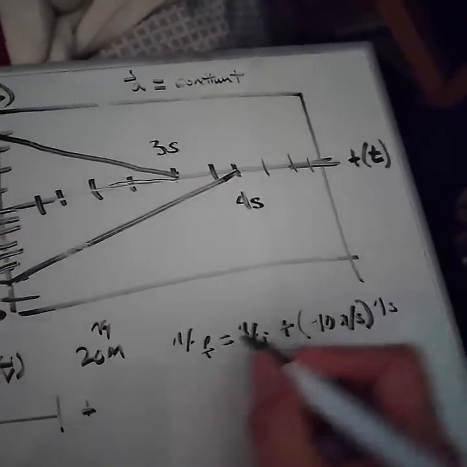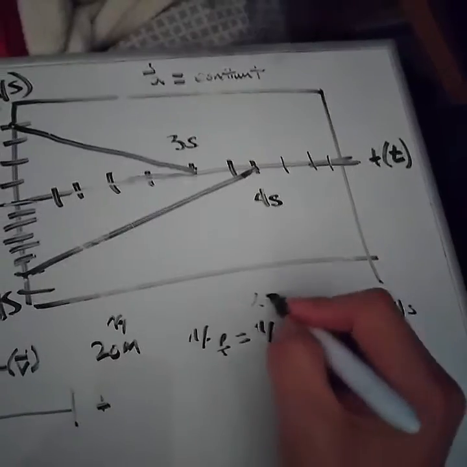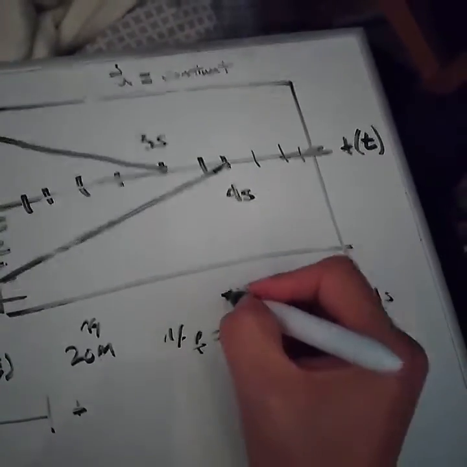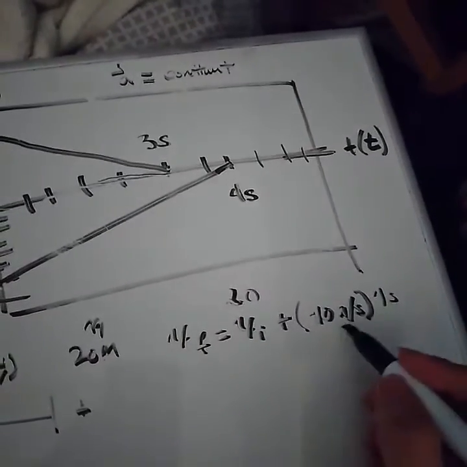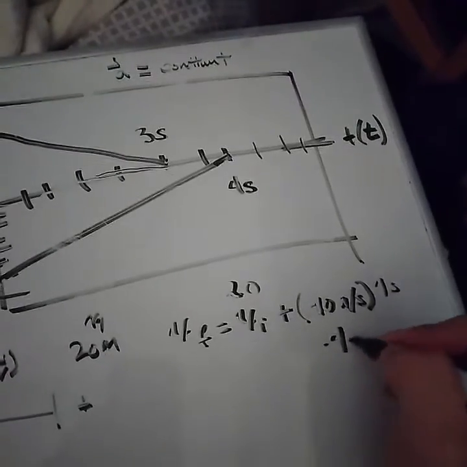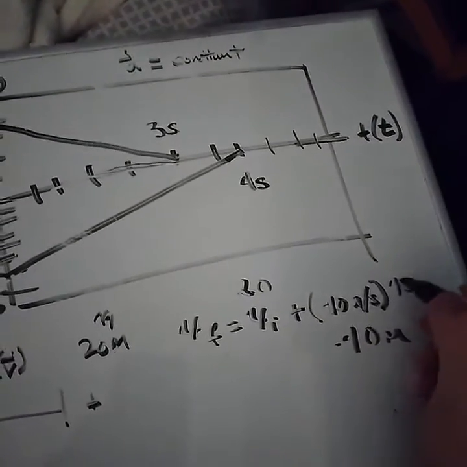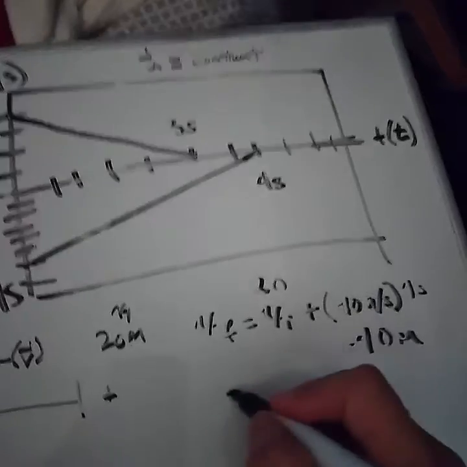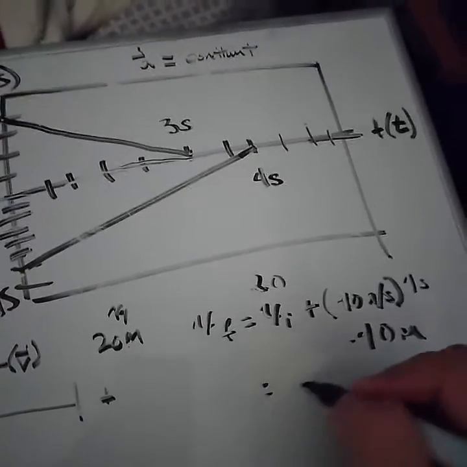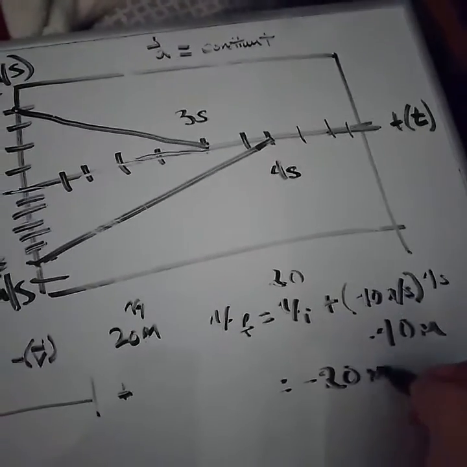His initial position is 20, so we have 20 minus 40, because the seconds cancel. That means his final position is equal to negative 20 meters.